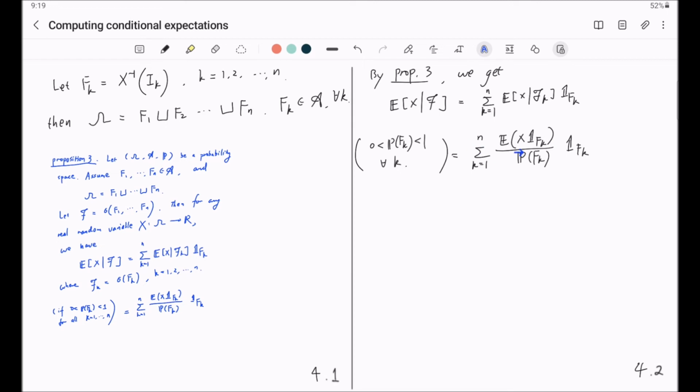So you can think that this holds even if some P of Fk is indeed 0, with the convention that in that case, this whole term can be ignored. But anyway, recall that this is equal to the average of X over the domain F sub k.